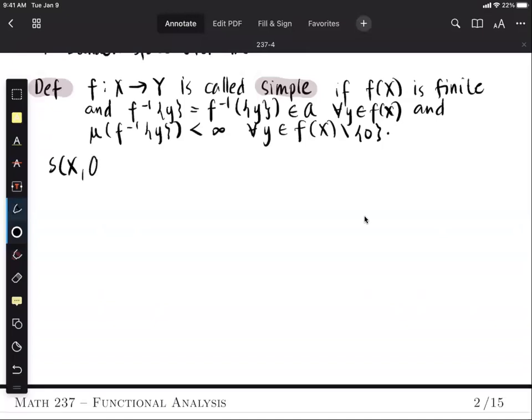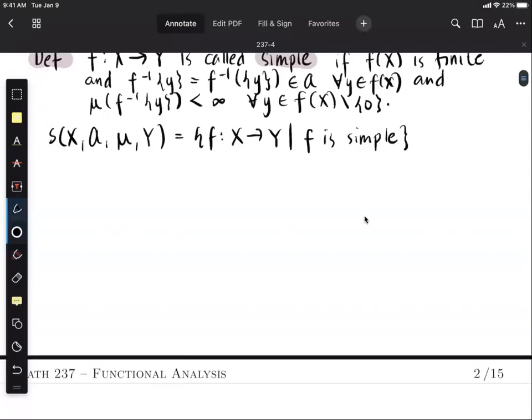Okay, so we will denote by S(X, A, μ), so that's the pre-measure space, and then the fourth argument is the codomain Y, the collection of all simple functions from X to Y. And if the Banach space Y is the field K, then we suppress the fourth argument.